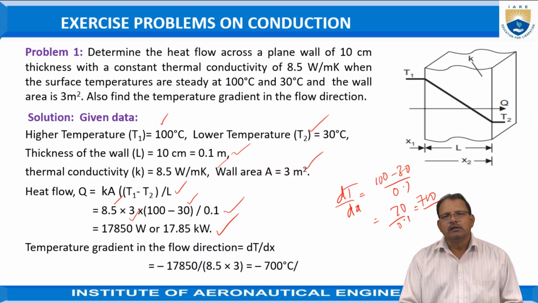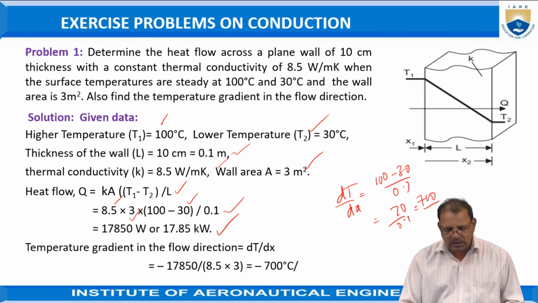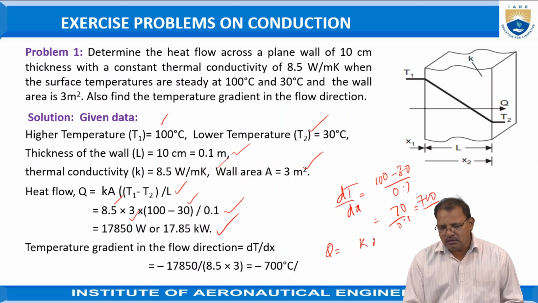The second one is, these values can also be determined by using the relations. That is, Q is equal to the amount of heat energy that is flowing. It is equal to K into A into dT divided by dx.